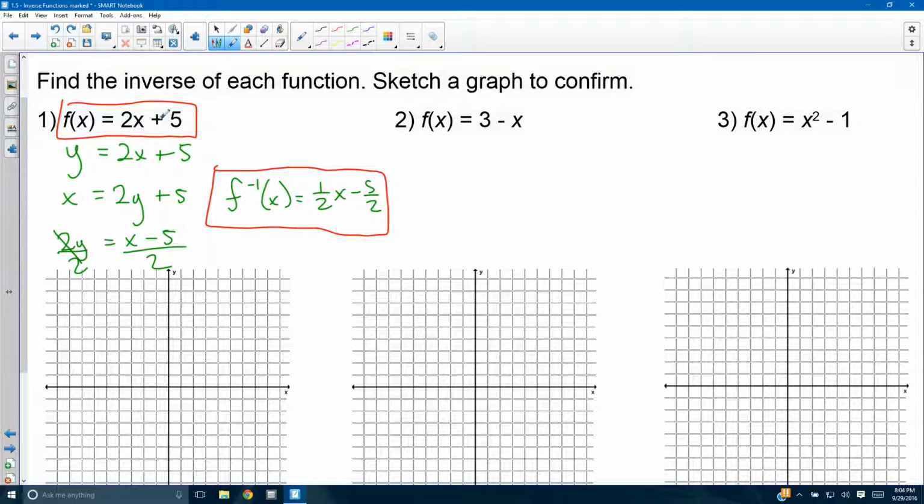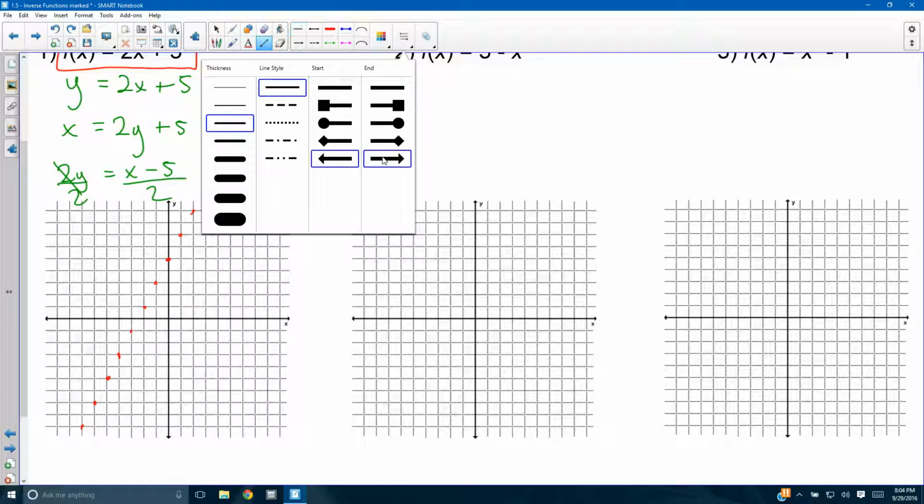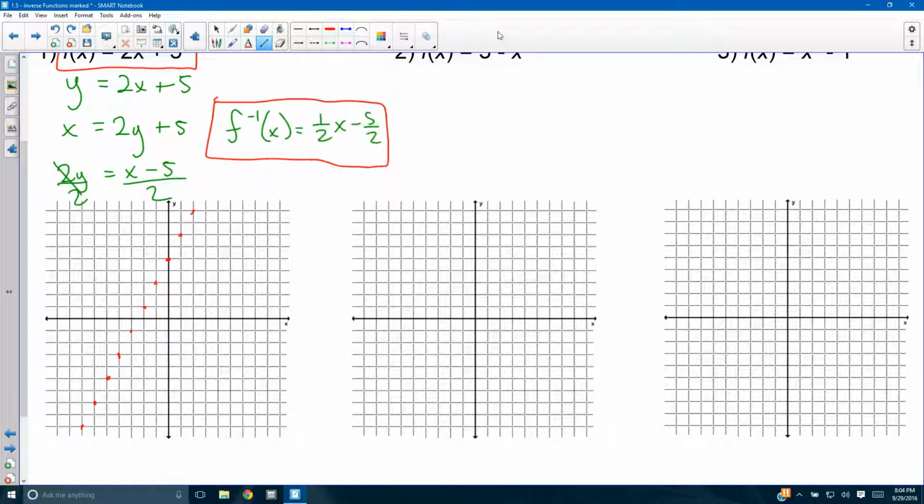So if I graph f of x first here as 2x plus 5, I start at 5 and rise 2, run 1 like so, and I'm going to get this graph. I'm going to be as perfect as I can here. I'm not going to draw rough lines or anything like that. I'm actually going to use the line tool and graph this one. So this guy, when graphed, looks like that there.